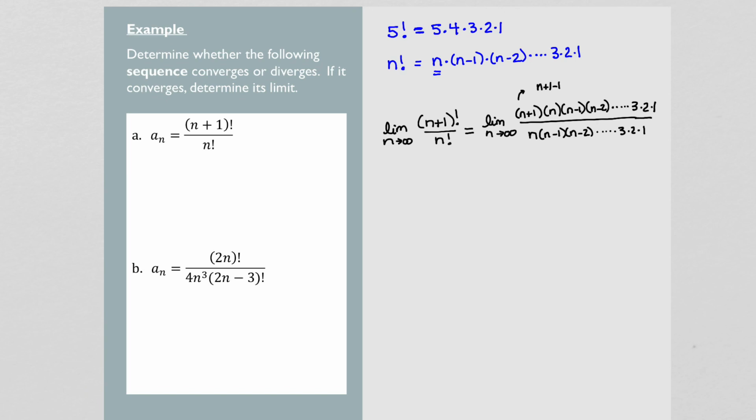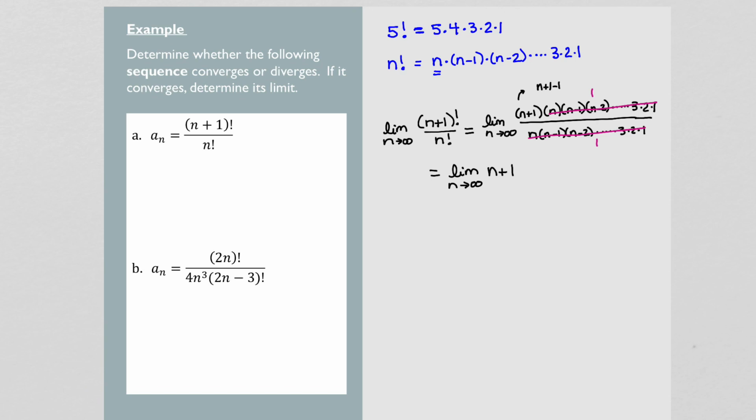That's good because lots of things can simplify and cancel when I have factorials that are similar. In fact, n times n minus 1 times n minus 2, all the way down, cancels from numerator and denominator. That gives us the limit as n goes to infinity of simply n plus 1 in the numerator.